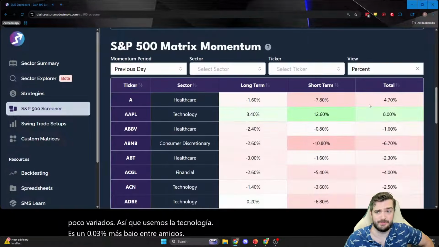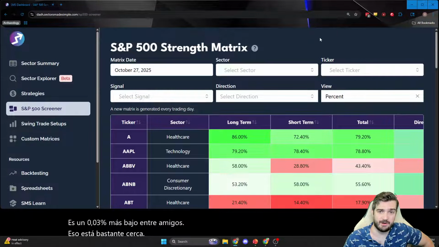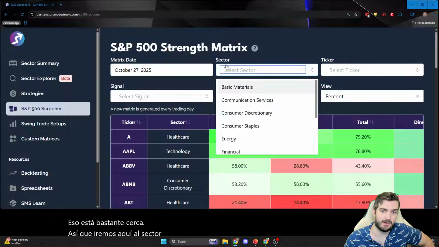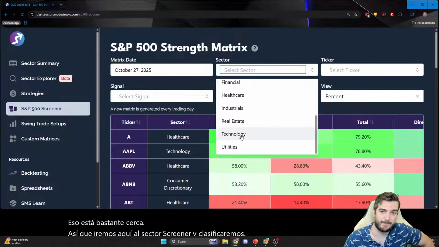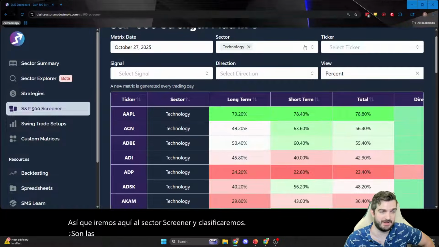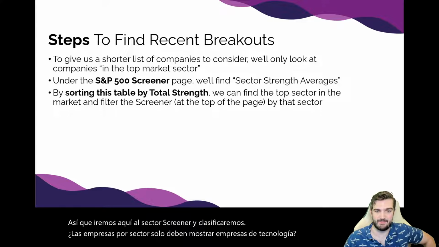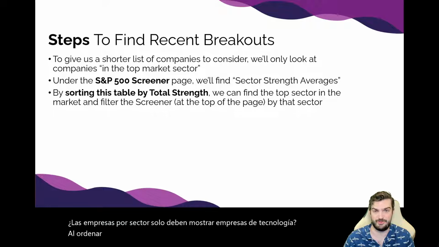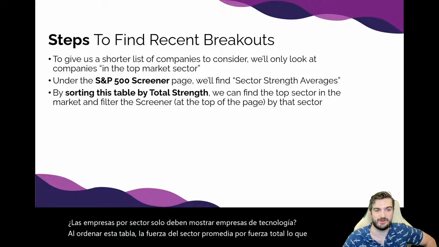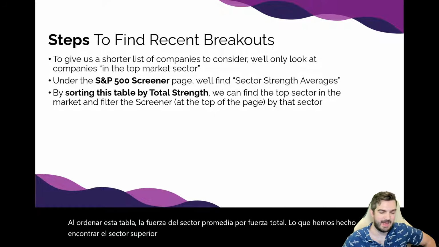That's pretty darn close. So we'll go here to the sector screener and sort our companies by sector to only show technology companies. By sorting this table, the sector strength averages, by total strength, what we've done is found the top sector in the market right now and filtered to only show companies within that sector.